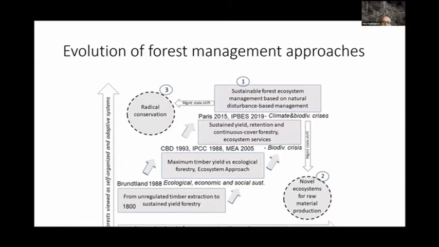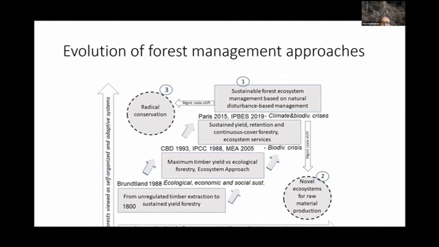The purpose of this picture is to highlight that there is a certain evolution of forest management methods that can be tracked, and it's like stepping stones, where the affecting factors are the continuing intensification of forest utilization, and on the other hand, increasing understanding of forest ecosystems as very complex and adaptive systems.